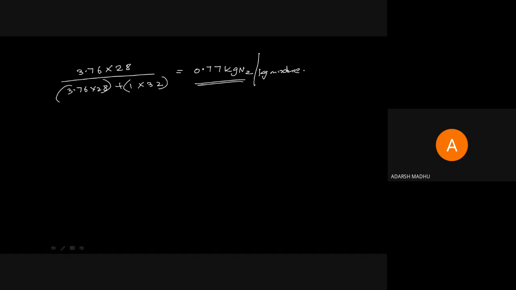Is it clear? Yes, sir. It's a very simple problem in our fifth module. The only equation we are using here is PV equal to nRT, and the relation between R and R bar: R equal to R bar by M, or R bar equal to R into M, relating molecular weight, the characteristic gas constant and the universal gas constant.